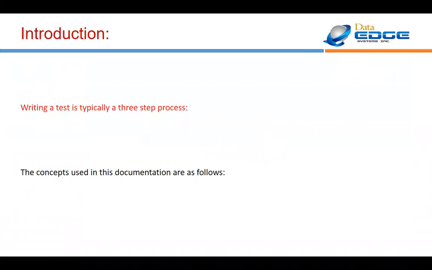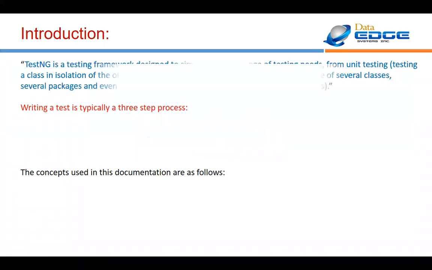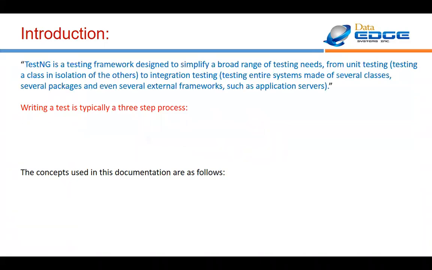TestNG is nothing but one of the testing frameworks. As we know, JUnit is also one of the testing frameworks. Similar to that, we have TestNG. And we have seen in the case of JUnit, we are not able to prepare good reports. We get normal reports in the form of statements.